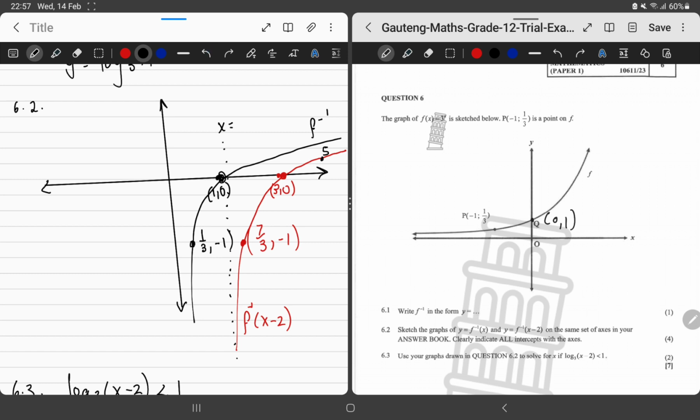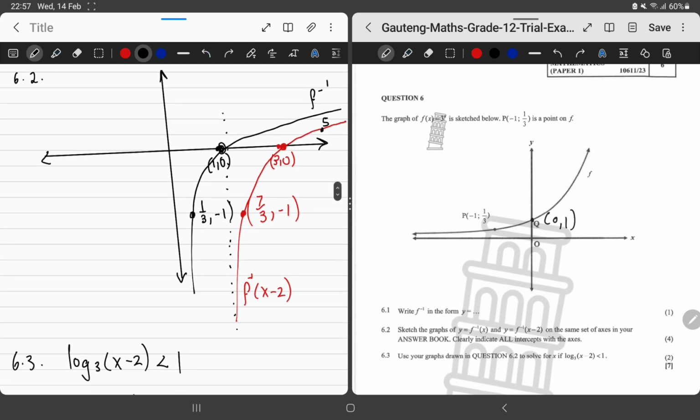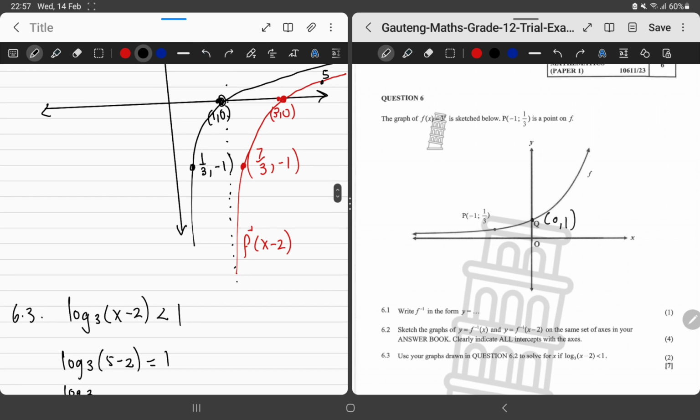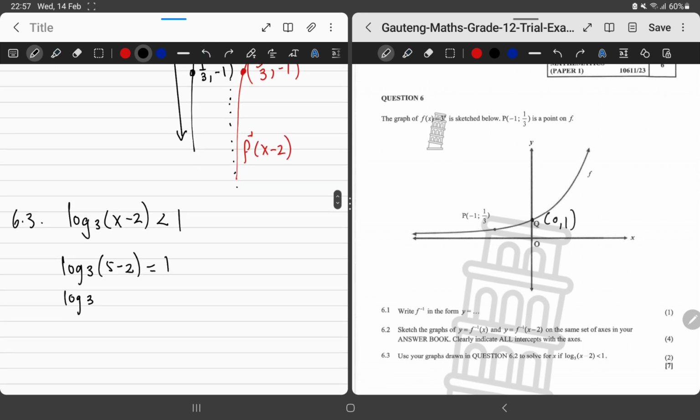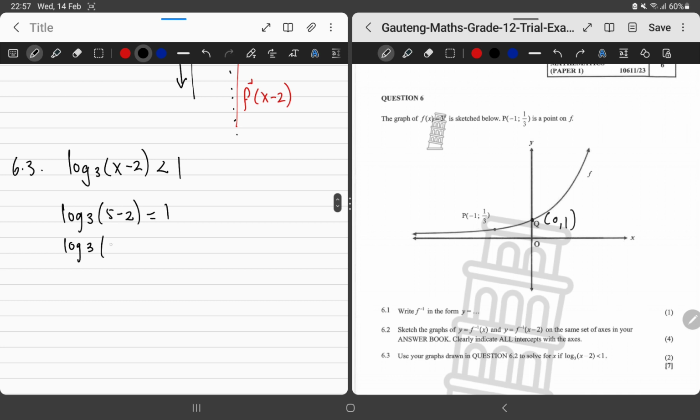So when I plug in x is equal to 2, I'm expecting to get an undefined solution, because the graph cannot go over its asymptote. Yes, so it's undefined. So this means that the solution should lie between 5 and 2.